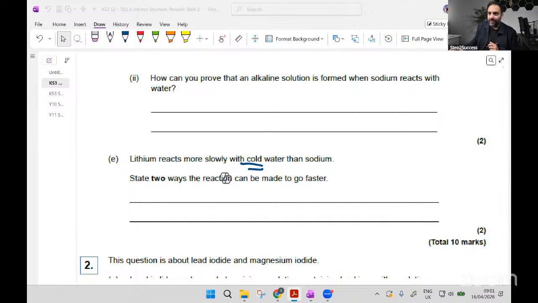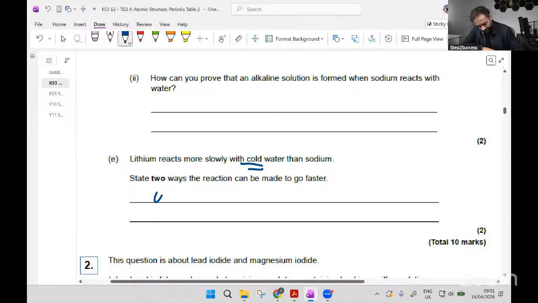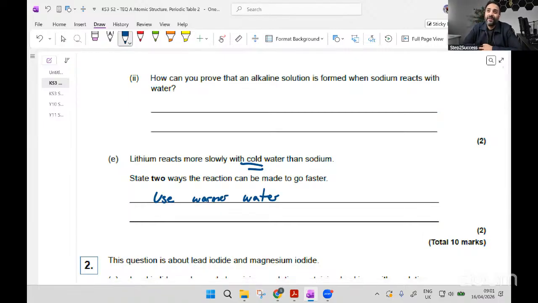I would have thought that one of the answers is probably heat it up or use warmer water. Generally, in chemistry, if you make it hotter, you get a faster reaction, just like cooking food. The other one is quite hard to get actually.